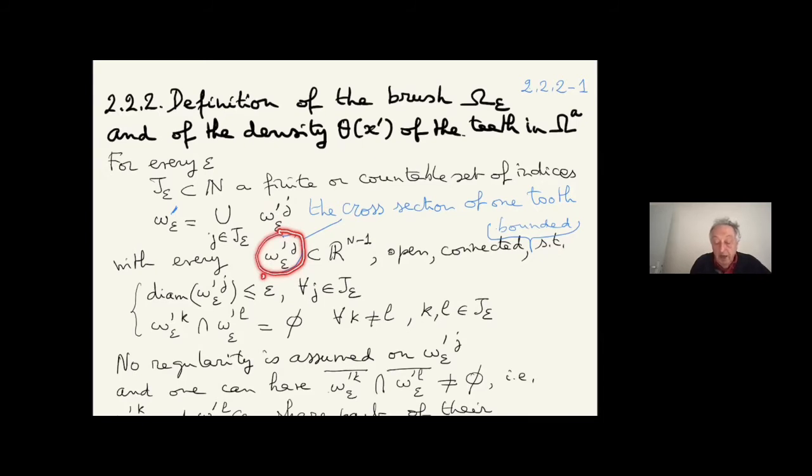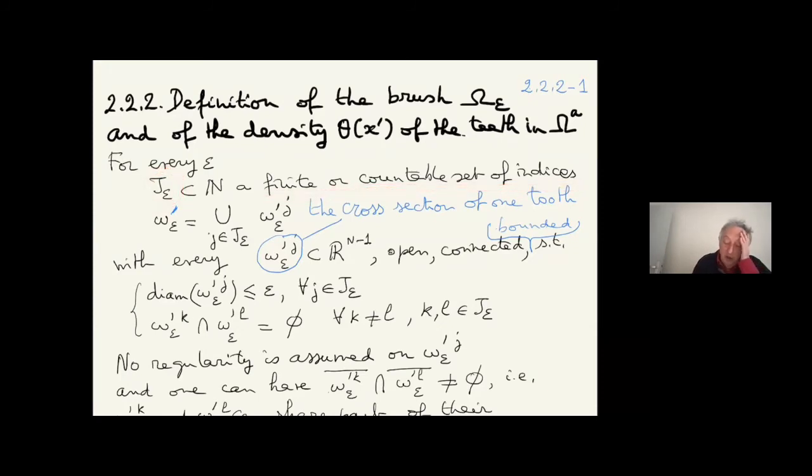Epsilon because we are at the epsilon size, and J is an index, and this index varies in a set G epsilon, which depends on epsilon, which is a finite or countable set of indices. Think about a finite set of indices.